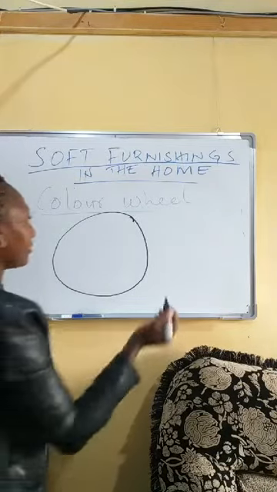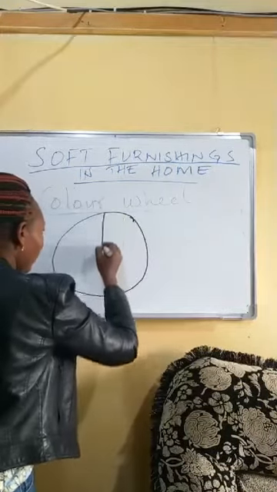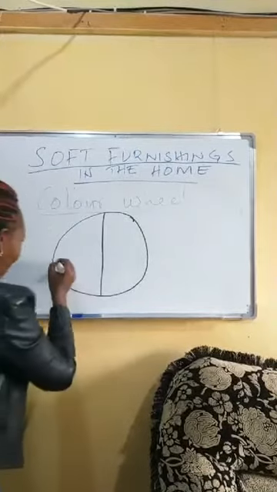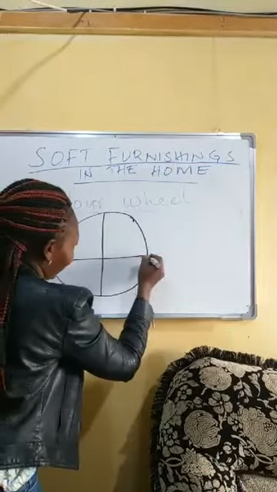So how do we get a color wheel? So you'll get your circle. I know it's not as perfect as it should be.